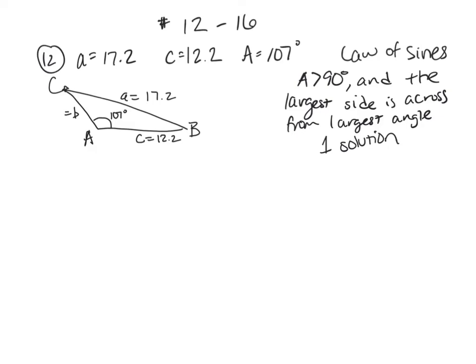Let's get to solving. Let's solve for angle C first, since I already have some pairs there. So we will say that sine of 107 over 17.2 is equal to sine of C over 12.2. Cross multiply.